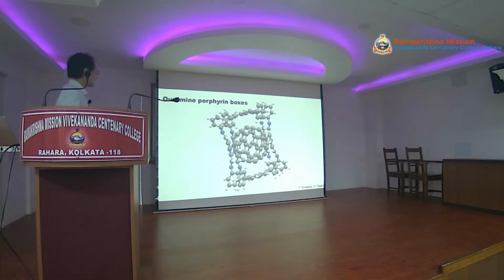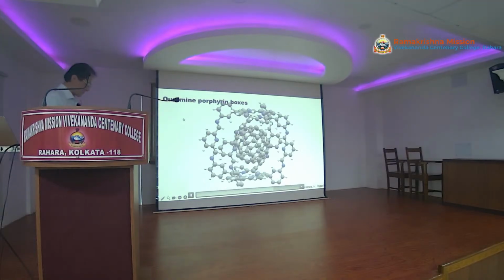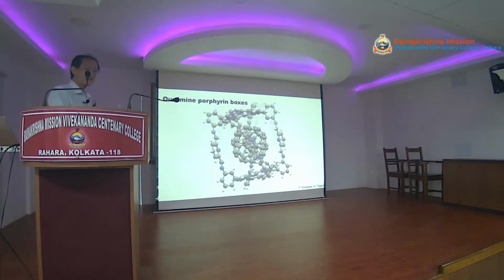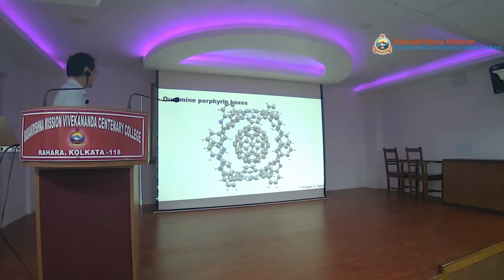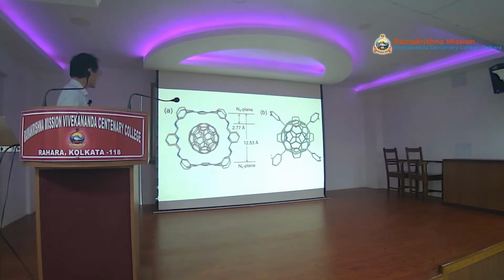And luckily, we got the crystal structure, and I think it rotates. Yeah, this is the crystal structure we got. So the fullerene is incorporated into the cavity. And here's the crystal structure.